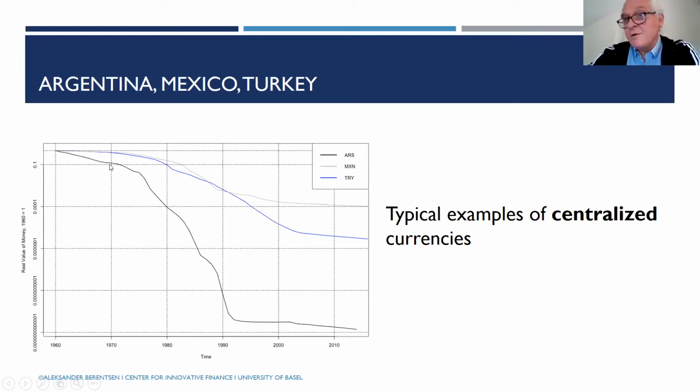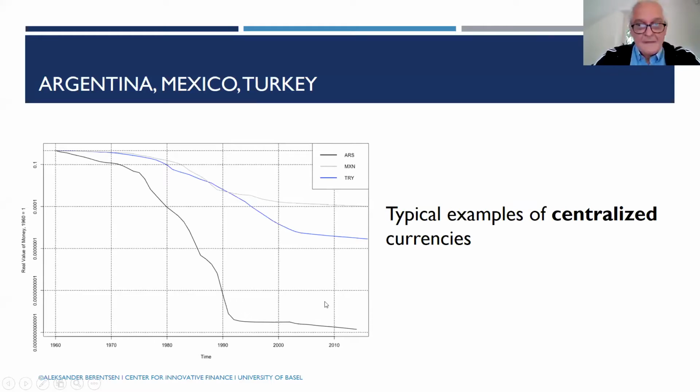If you take, for example, the Argentine peso, here you could buy 1 unit of the basket, 10 years later a little bit more than 0.1. By the way, it looks very good because we put it in log scale here. If you don't use the log scale, it will go boom, and the value of these currencies is gone.